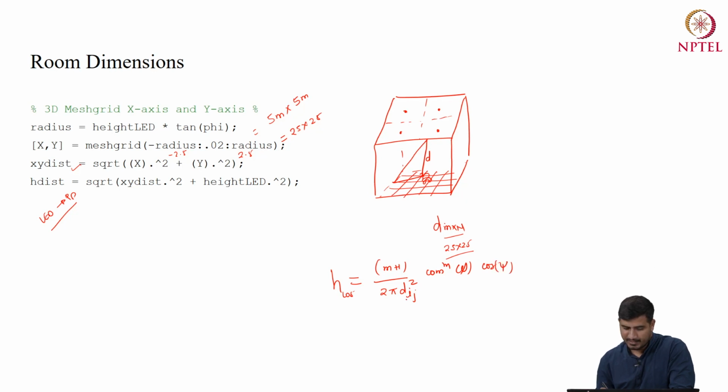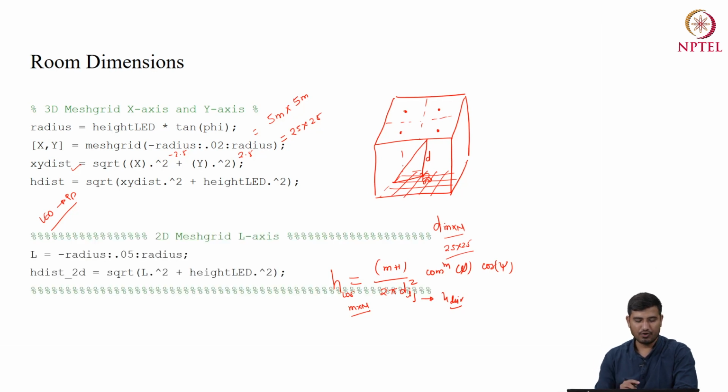Here this d_ij we are going to calculate with the help of the h distance equation that we mentioned here. Again, as your distance is of order m cross n, similarly your line of sight channel gain will also be an m cross n matrix. So you will get these m cross n values and you can plot those values. You will get the channel gain profile across the room.